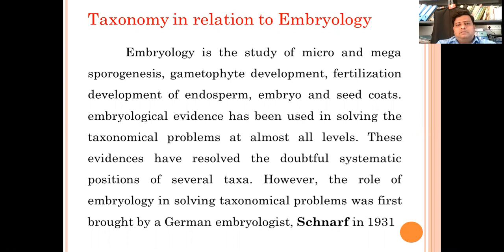Different systematists have placed the genus Trapa in several ways. Some have placed it under Onagraceae, some in Haloragaceae as an isolated member, and others in the monogeneric family Trapaceae. The embryological evidence, however, strongly supports the last view.